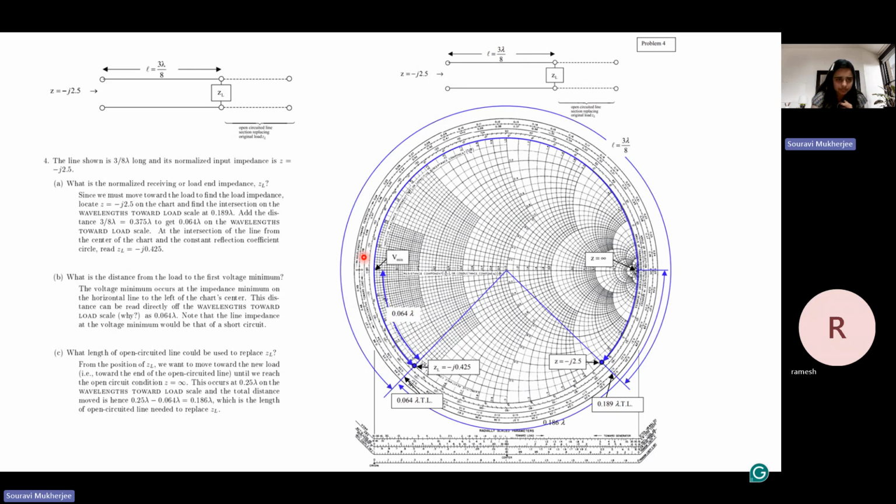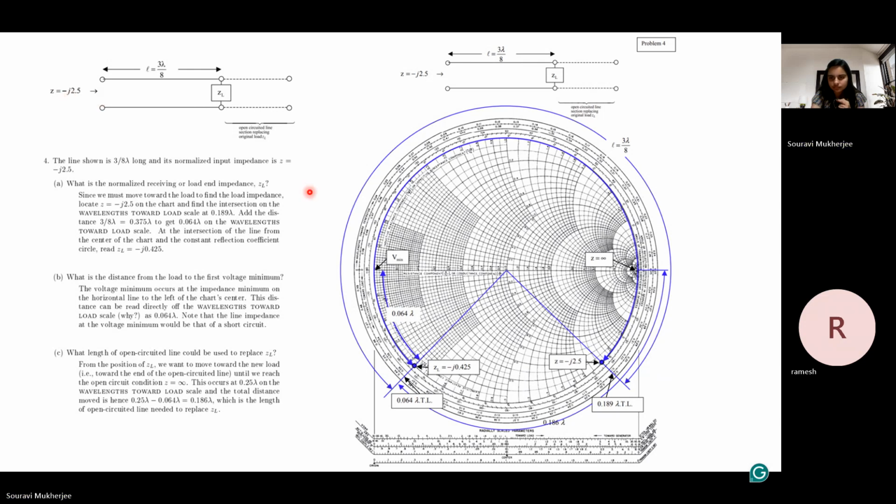That's the difference. So here, you know the normalized impedance at the source and the length of your transmission line, and you need to find the load impedance. First you locate the source impedance. Here it would directly lie on this point because it's a purely reactive load.